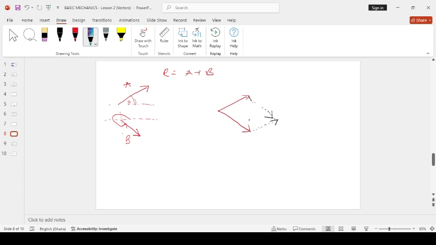Okay, so let's say I draw the diagonal of that parallelogram here. Let me draw it here. You can either draw it here or here. They are still diagonals.